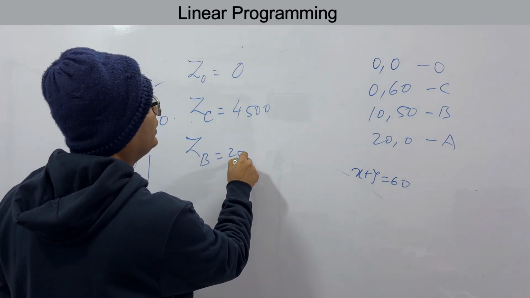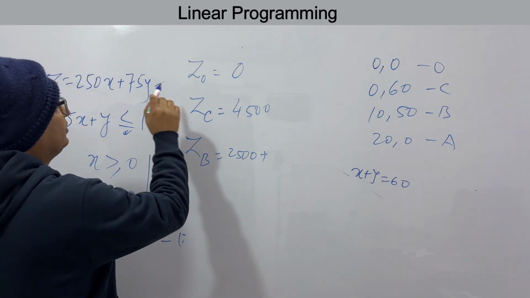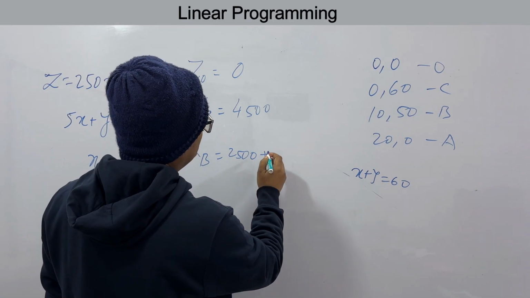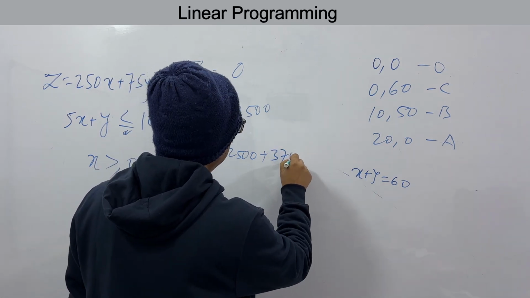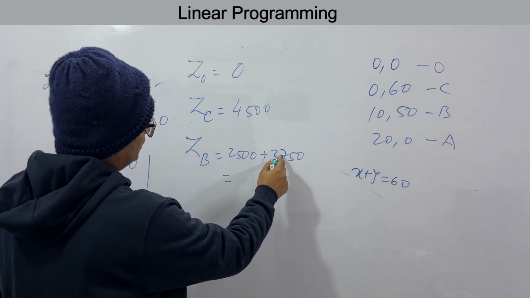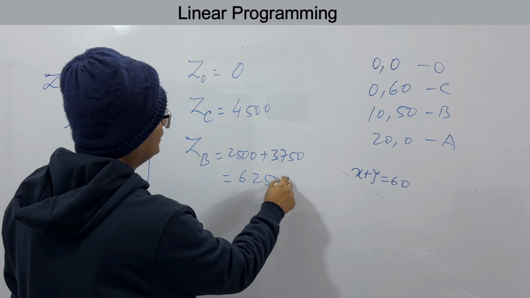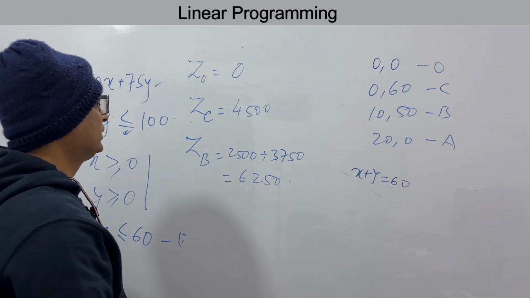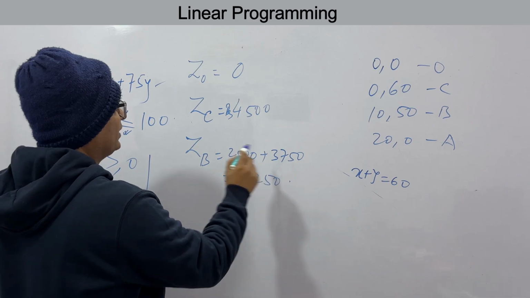This will be 250 into 10, that is 2500, and 75 into 50, that is 3750. So this will be equal to 6250. See, this value is 6250. That is, the seller will get rupees 6250.